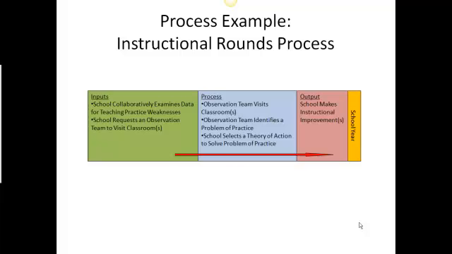So again, this process itself is very much an improvement process rather than just an observational process. So that means the output is going to be very different. In this case, over a school year, what happens is that the output is that the school begins to make instructional improvements, and individual teachers or teams of teachers or departments of teachers will begin to make those instructional adjustments as needed.